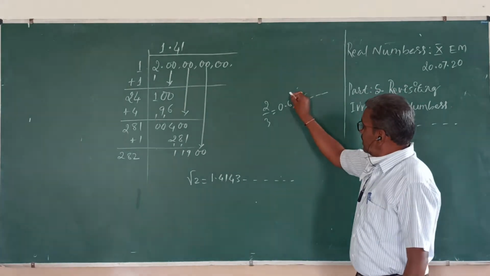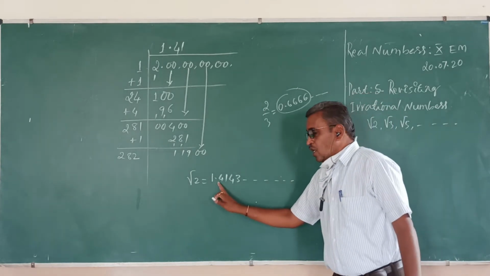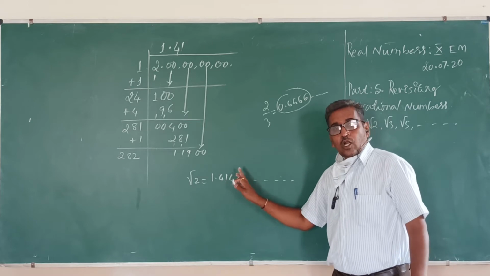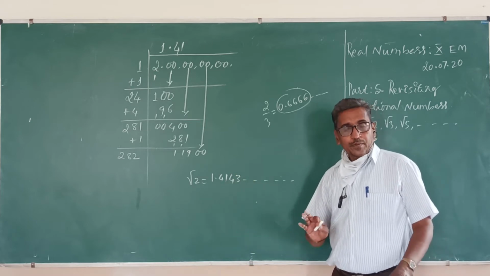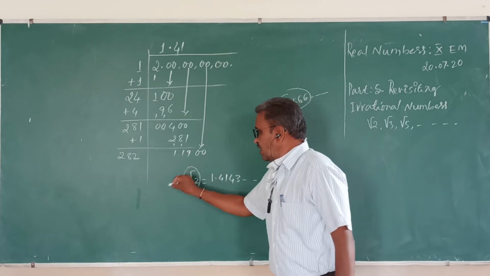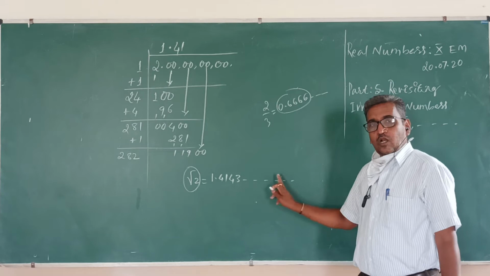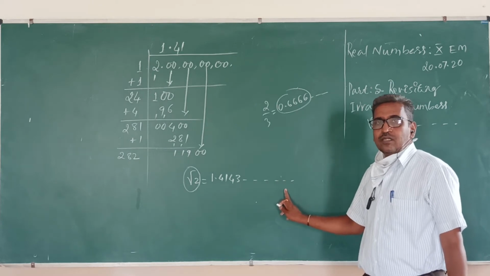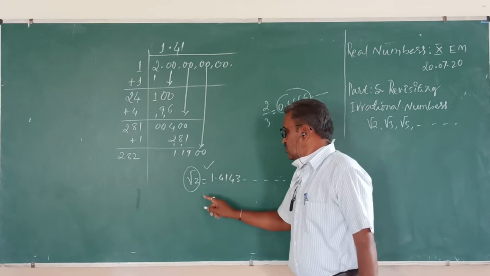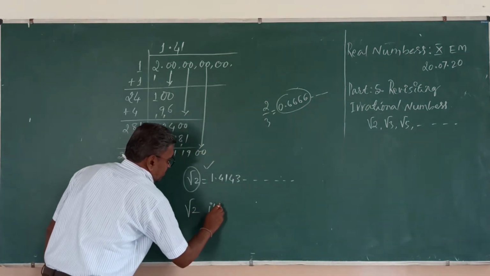When there are repeating decimals, they are rationals. But here the decimal is non-terminating and non-repeating, so such numbers are called irrational numbers. Root 2 is irrational.